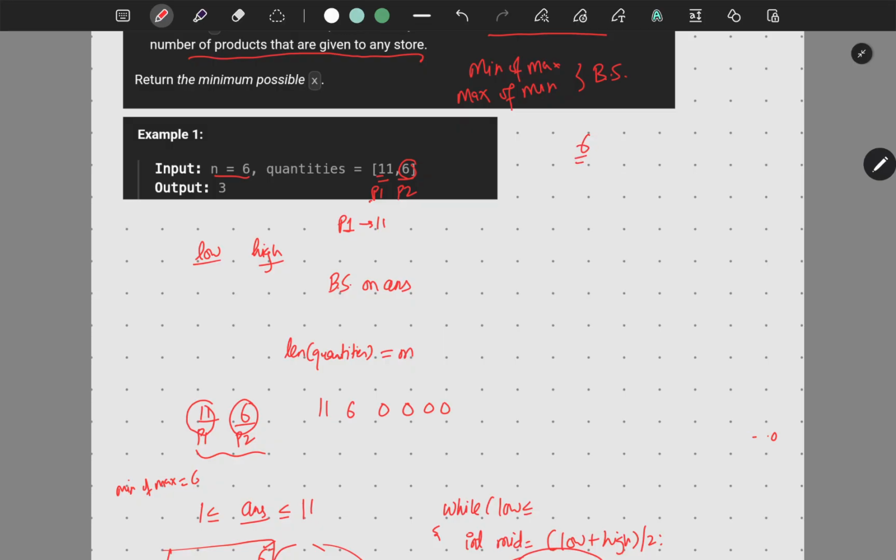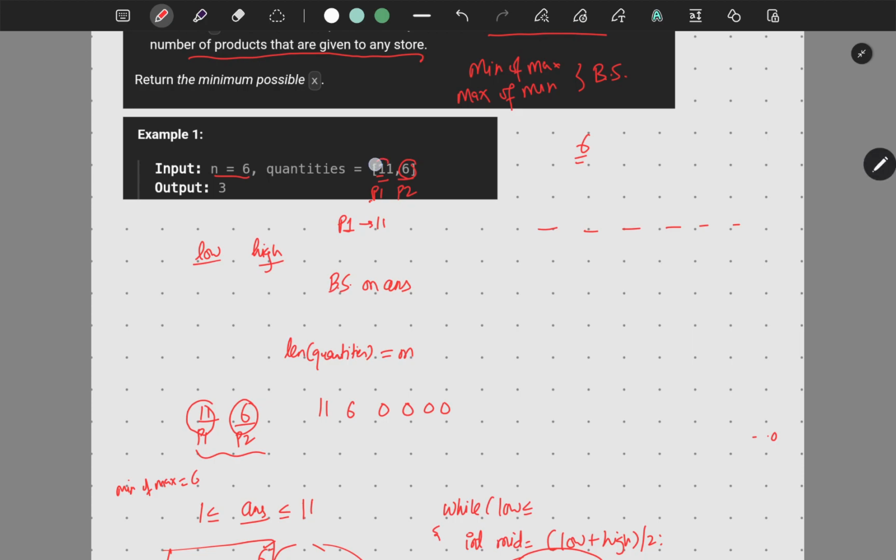So whether we can distribute products in such a way that the maximum amount of product that any store can have is 6. Okay, so to check this, why don't we do one thing? We have, let's say, 6 stores and we want that each store can have at most 6 products. So why not just give 6 products to each store until you have no products left?